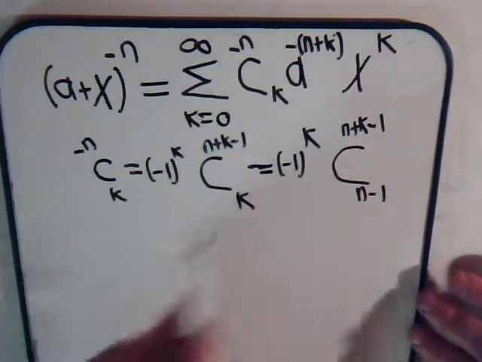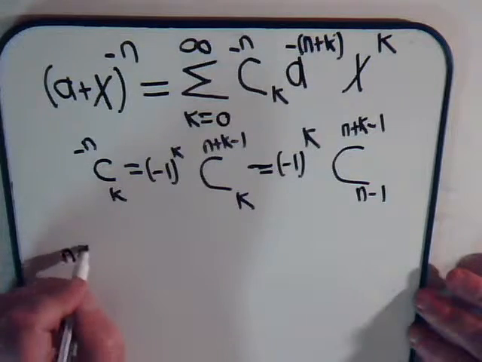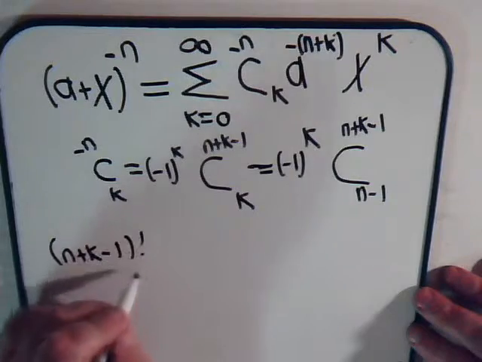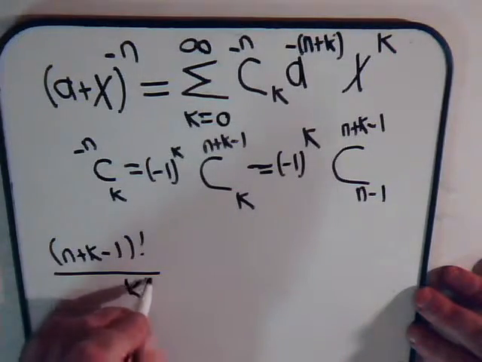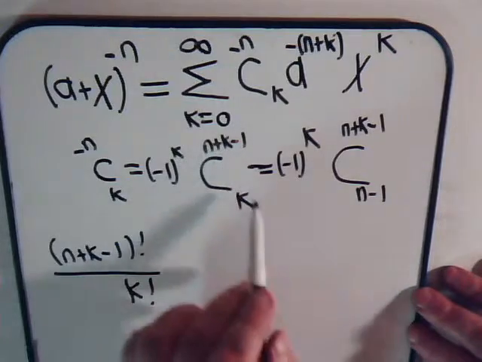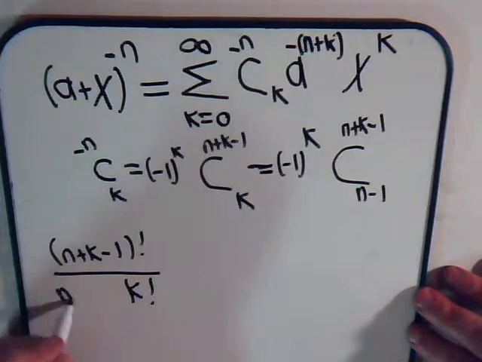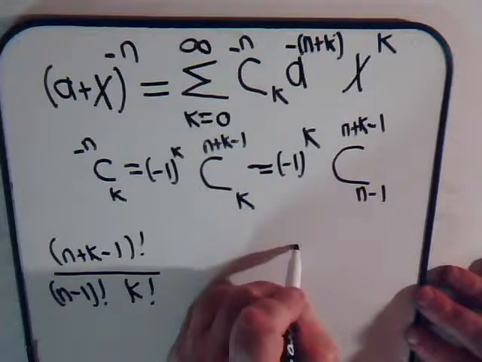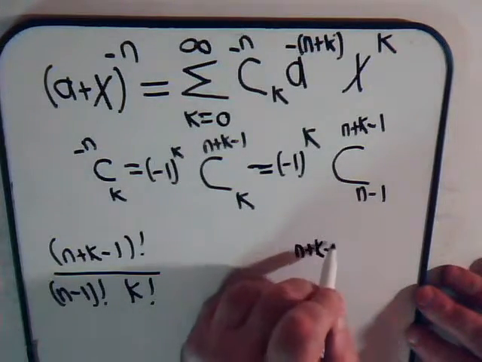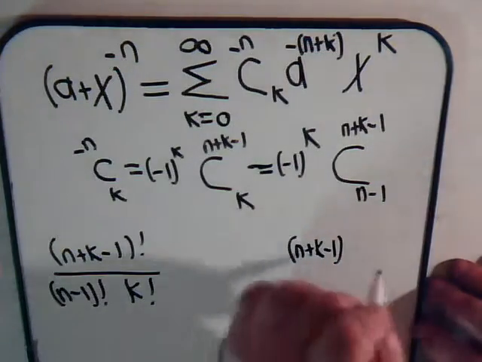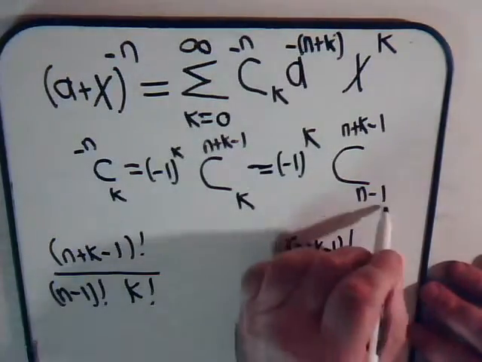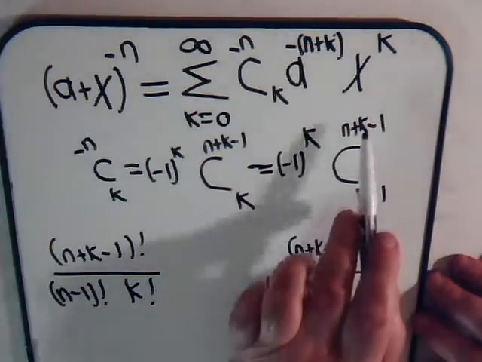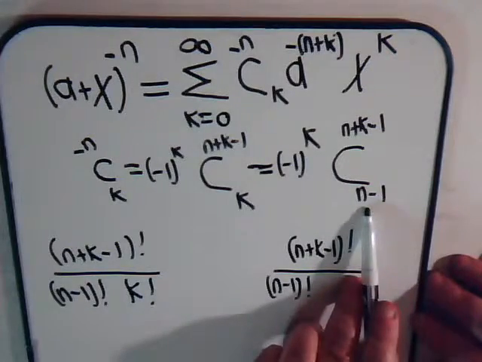By definition, this is n plus k minus 1 factorial over k factorial times this minus k, that's n minus 1 factorial. Here, this is n plus k minus 1 factorial over n minus 1 factorial times this, subtract n minus 1.